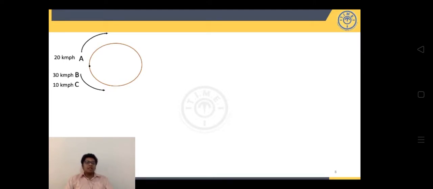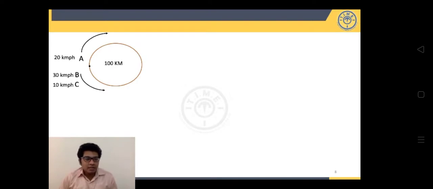What is the time taken by them to meet for the first time? For all three to meet, first let's say A and B are meeting. Let's say the distance is 100 kilometers.